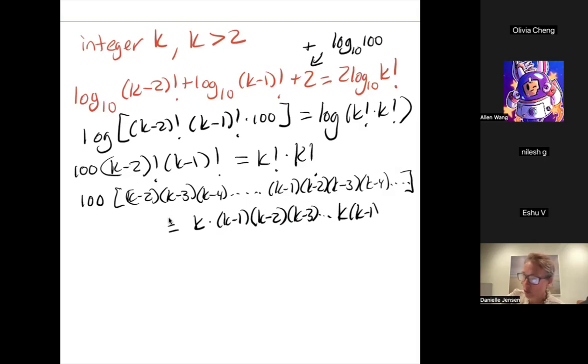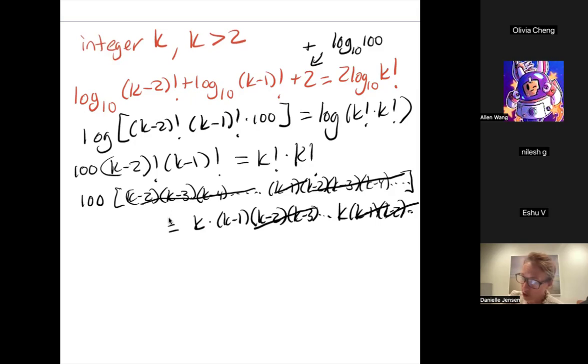Why am I doing this? What is going to cancel, since you have things on the left and the things on the right? You're going to cancel the k minus 2 factorial, and you're also going to cancel one pair of k minus 1. So you're going to cancel the k minus 2 factorial, because that's going to go away with all of this, right? Yeah. And then all of this will go away with this, but then you're right, one of the k minus 1s will go away.